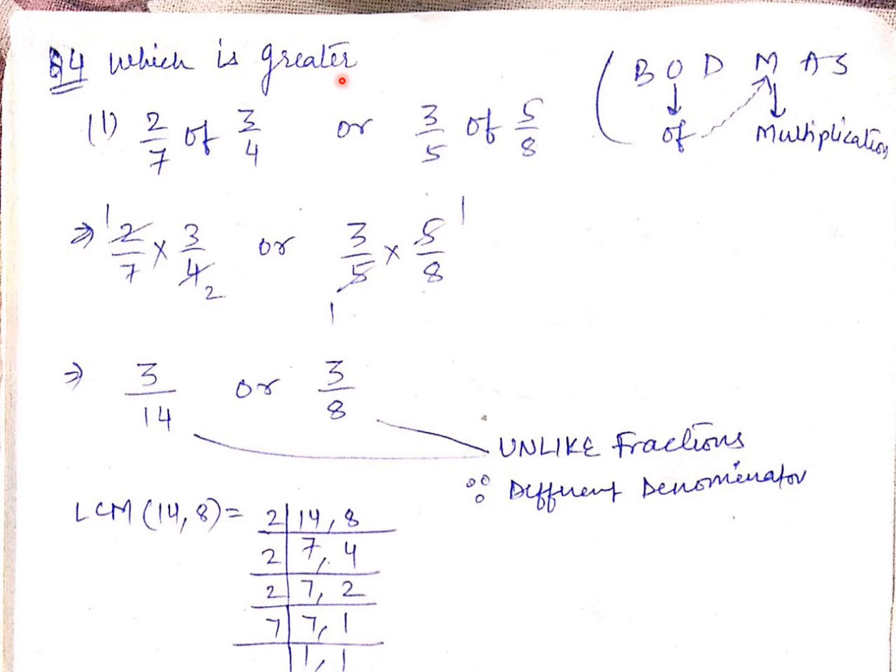Okay, so first we will convert the given fractions into like fractions, then only we can compare them. But before that, here the question is not direct, the question is mixed. Let's see what it is saying.